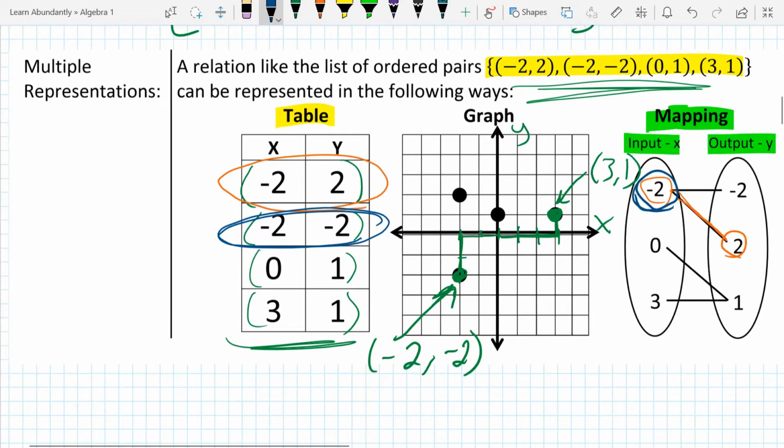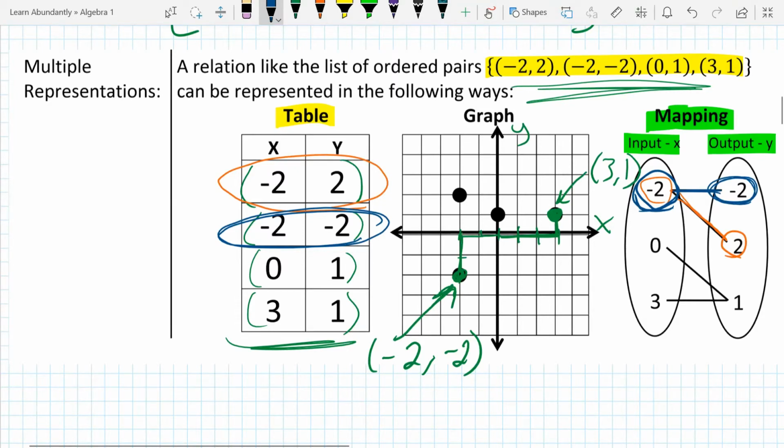Mapping is weird because it's just a weird representation, but once you know the rules, they're pretty easy to draw. So if I go from -2, my y this time is actually -2, so I have a -2 in my output as well. Then you can see that the 0 and the 3 both go to 1 in our output.